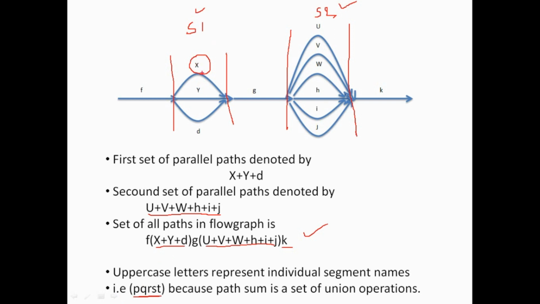A set of links is represented with a capital X. In between there may be any number of links, but we can imagine a number of links in a particular path and represent them with capital X. Wherever we use capital letters, they are our segments. Because path sum is a set union operation, with path sum we are specifying a union operation.